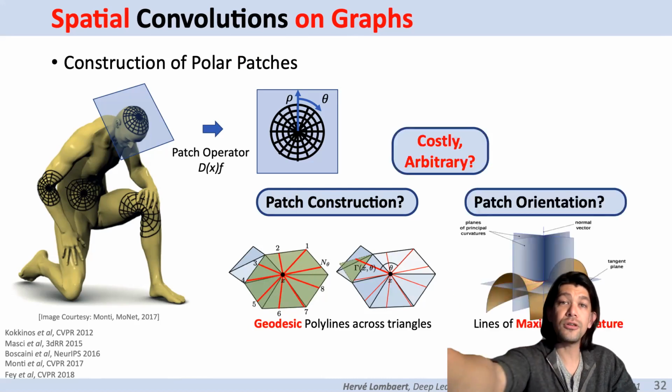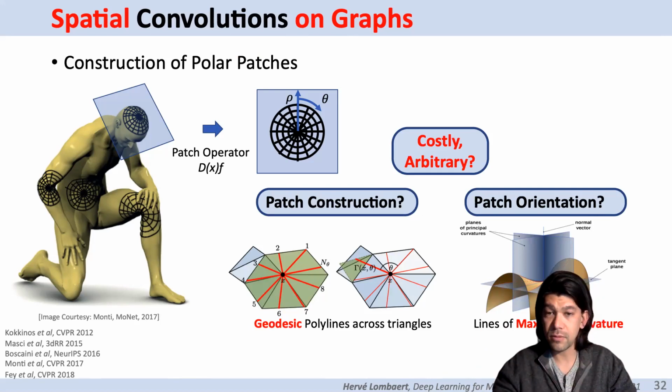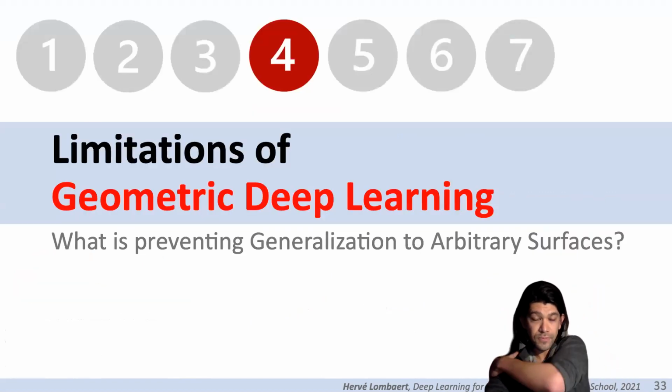The patch orientation in these methods has to be one choice. The choice is to find the line of maximum curvature. Why not, it's slightly arbitrary. But if you walk on a brain surface, that starts to be a bit complicated.